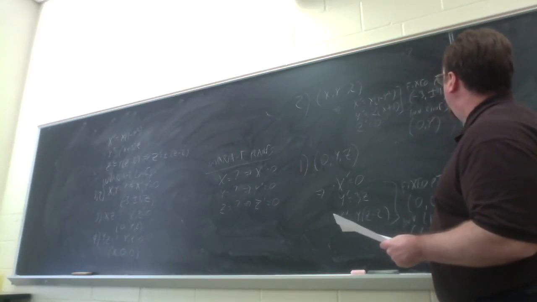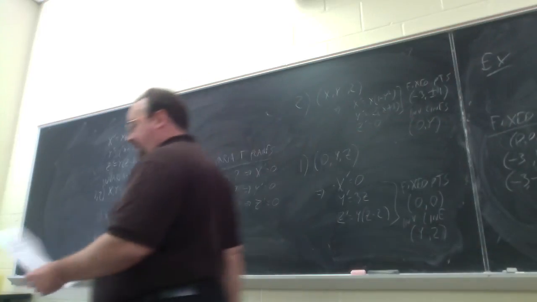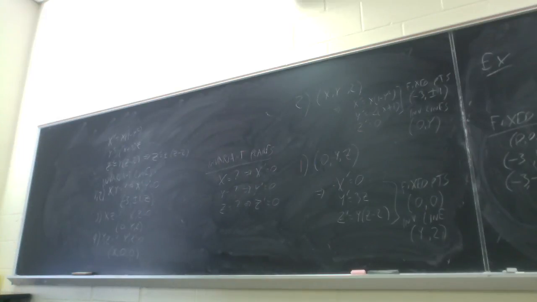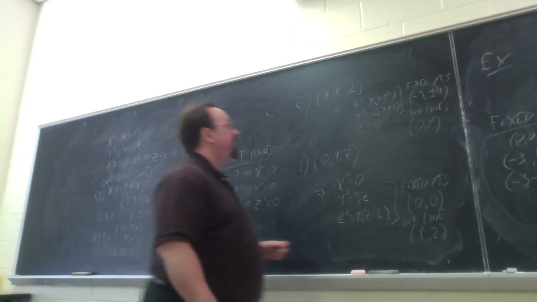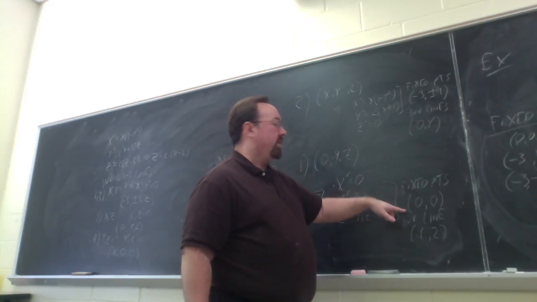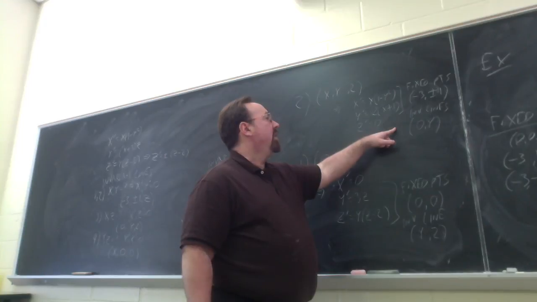Can we not also get, like, x equals 0 gives you a fixed point? Wait, how does x equal 0 give you a fixed point? Oh, for the top part.